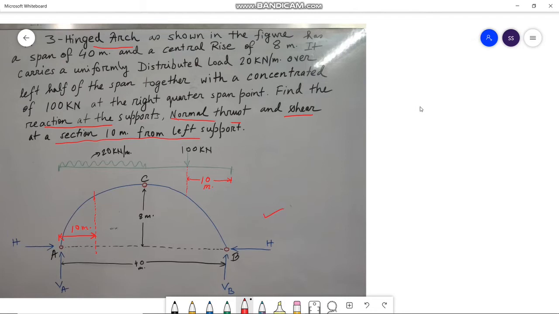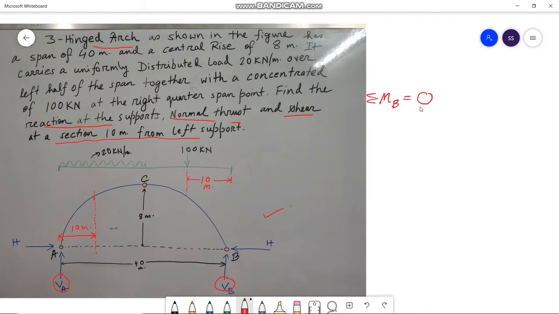So let us first solve the problem, and in order to do so, we have to calculate the vertical reactions VA and VB first, that is this is VA and this is VB. To calculate VA and VB, taking moment about B, we have summation of moment about B equals to 0, as B is a hinge support.